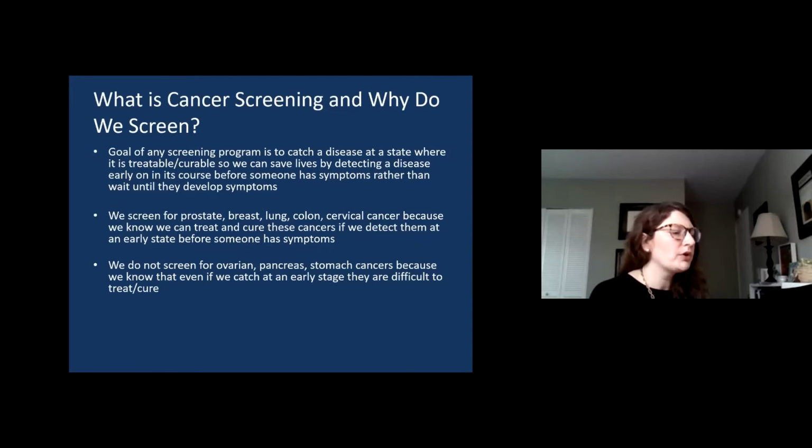And so the goal is to catch cancers early so we can treat them and cure them. And so the United States has set up screening protocols, cancer screening. And the goal of screening is really to screen for cancers that we can catch early by simple, non-invasive methods.